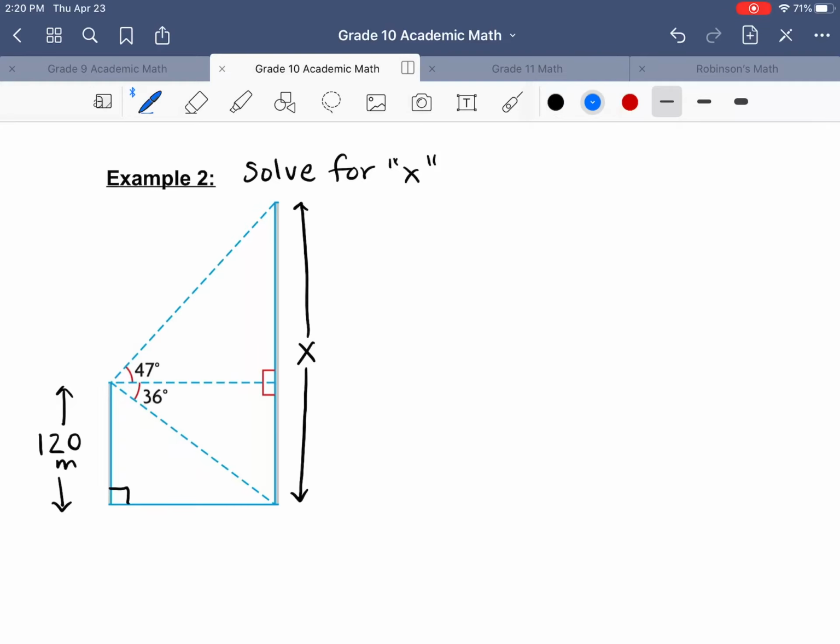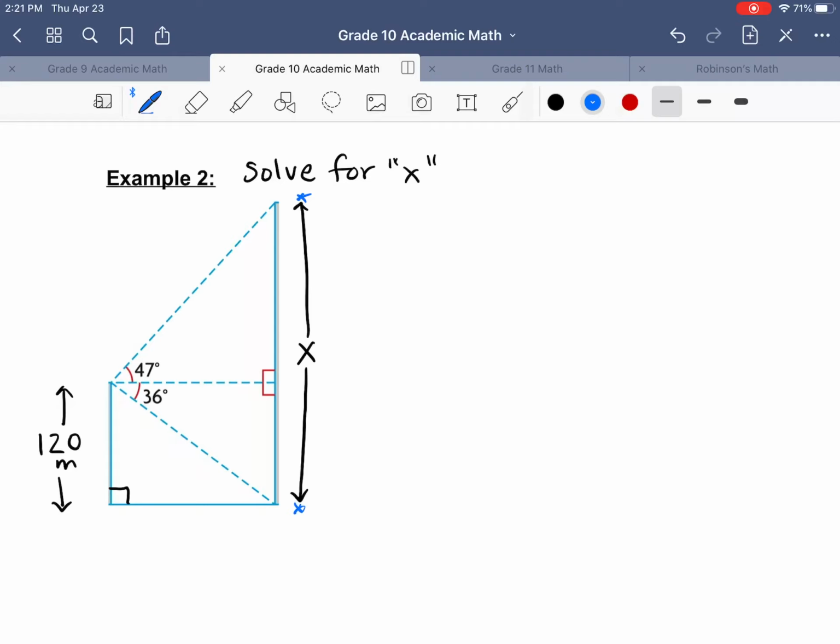So we are given two angles, and we are given that one side of the rectangle is 120 meters. We can't right away label a triangle because we're not really sure what we're working with yet. So I'm going to take that 120 meters and copy it over on the other side of our rectangle, because we are looking for x, which stretches all the way from here to here.